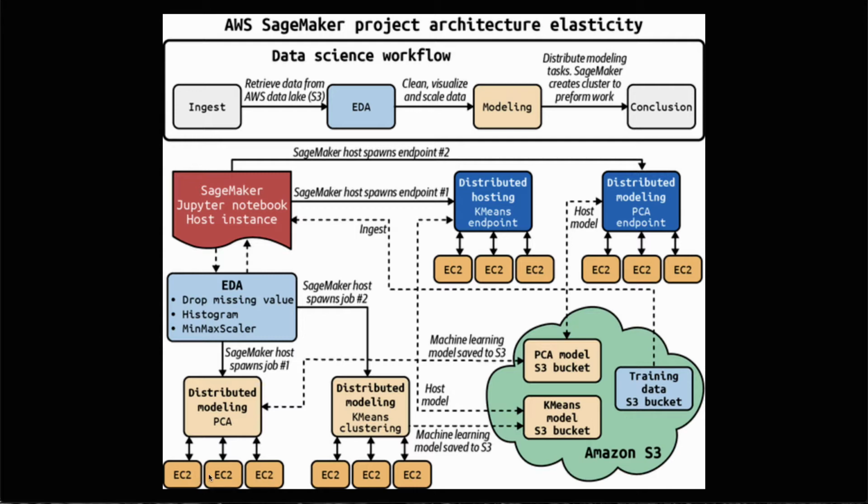So you would have maybe 3 EC2 instances for the PCA modeling, and you would have 3 EC2 instances for the k-means clustering. This is all going to need to be orchestrated by SageMaker, and this really highlights why a platform is so important.